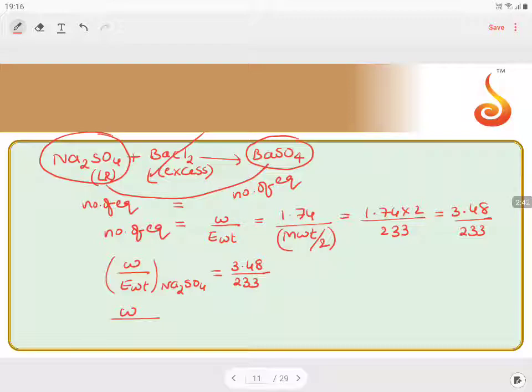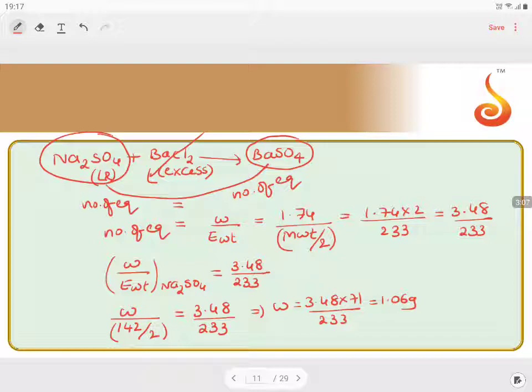Molecular weight of sodium sulfate is 142, by 2, equal to 3.48 by 233, which clearly indicates W is equal to 3.48 into 71 by 233, which comes to 1.06 grams.